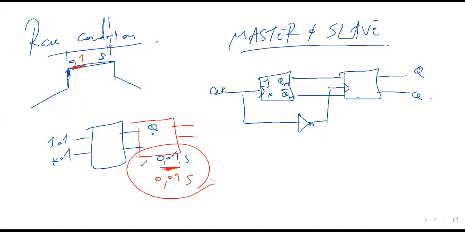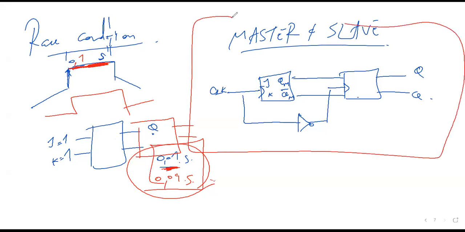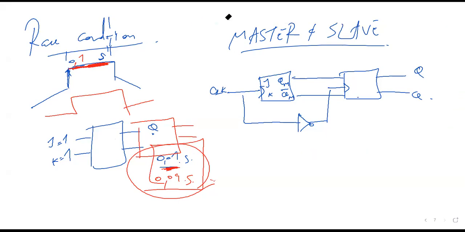If it's almost the same, even if the change is happening here, it will be equal to the delay. You will not have multiple outputs here. During 0.1 seconds, you will only have one output instead of multiple. So the master and slave is just one way of increasing the delay.